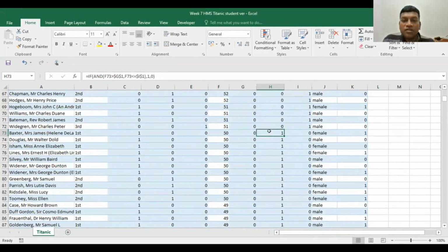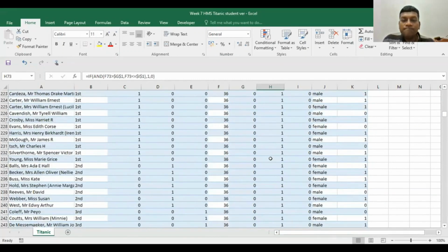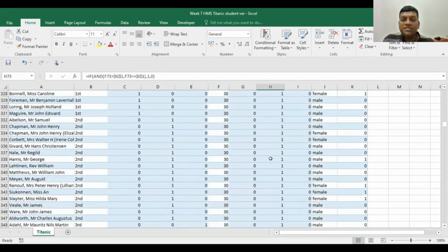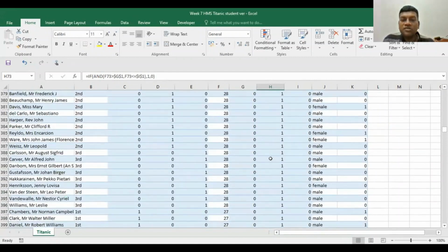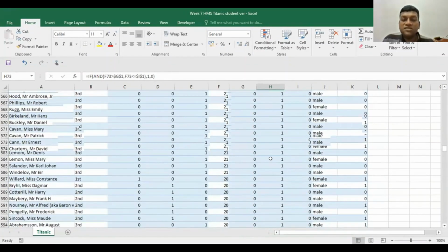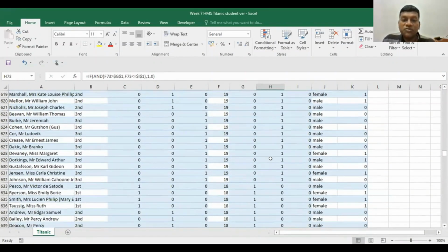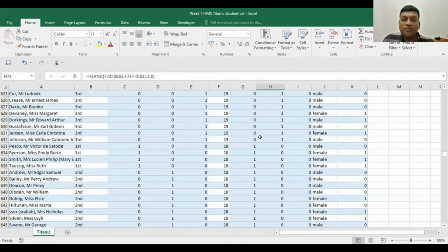So all the way from 50 down till 18, that's the age group. So 18 and below is classified as children. Here the moment this transition happens, children is 1, this is 0.